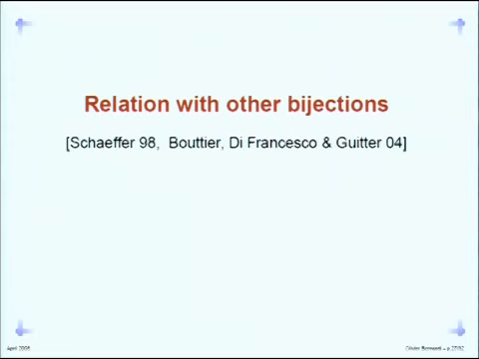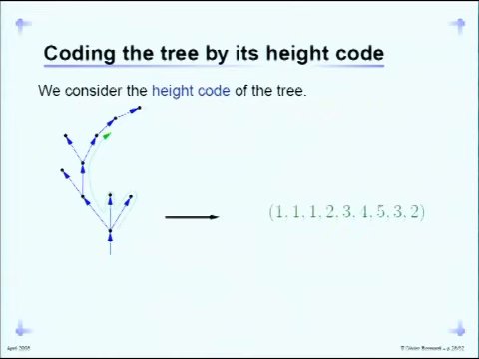Okay, now I come to the relation with other bijections, and for that I will consider the height code of the tree.